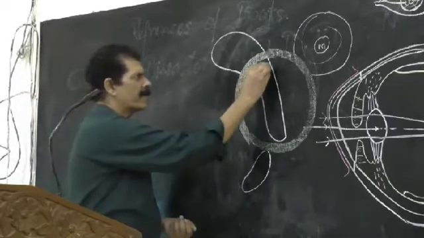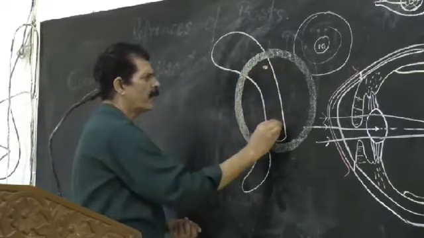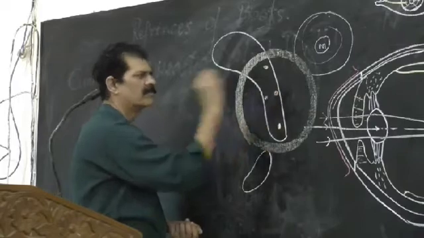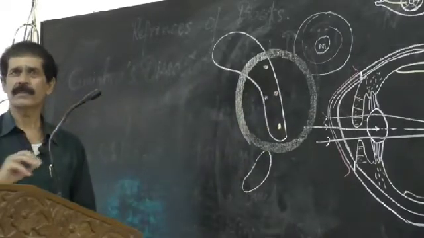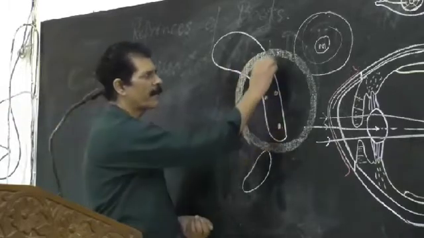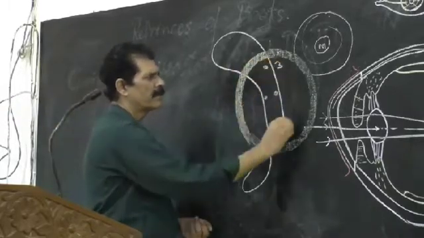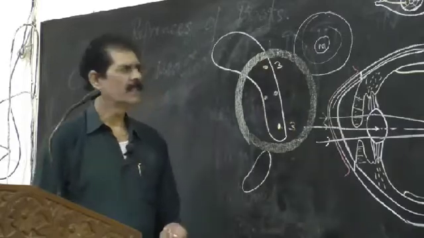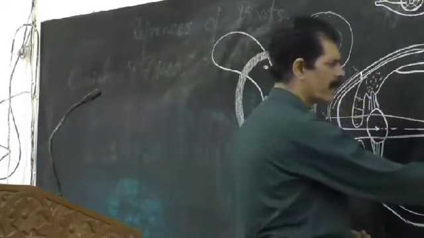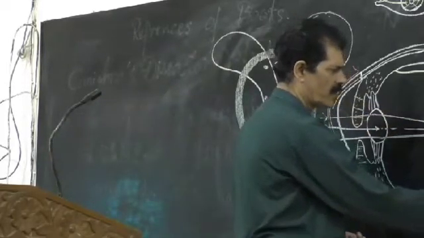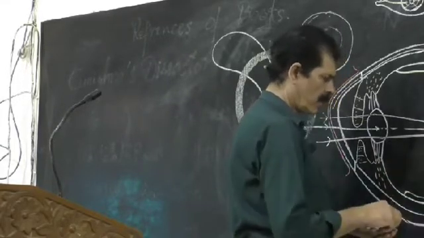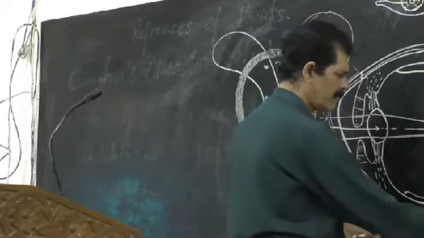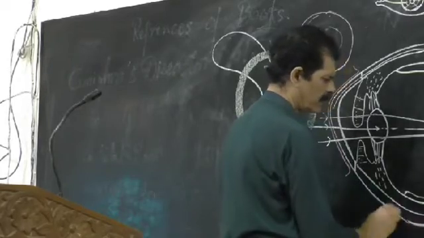So here we make 4 yellow spots, only 4. You should know what the 4 are. The upper and lower are the upper and the lower branch of the oculomotor nerve. So it divides into 2. The lower branch is further divided into 2 because it has to supply 2 muscles.